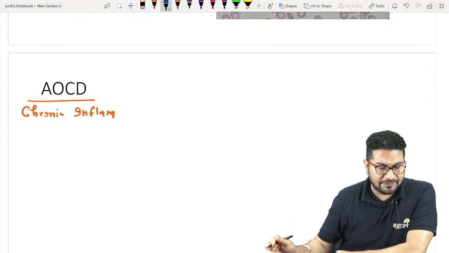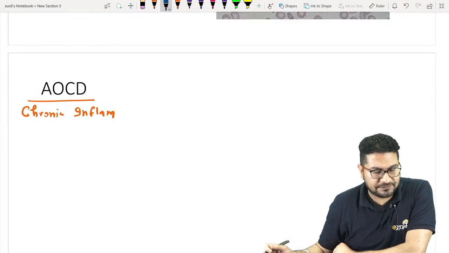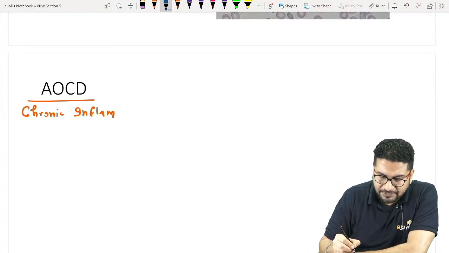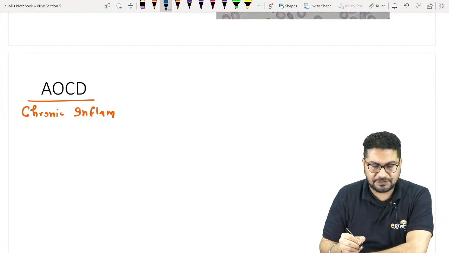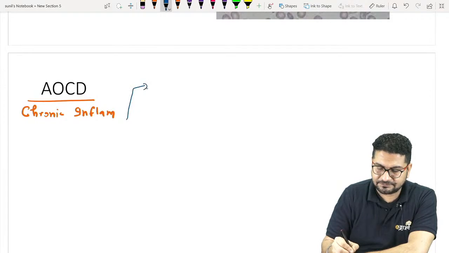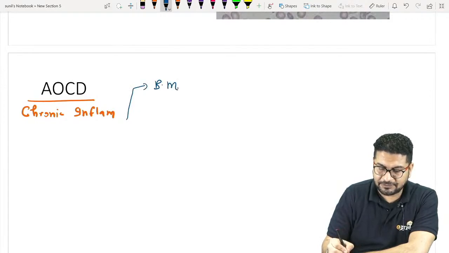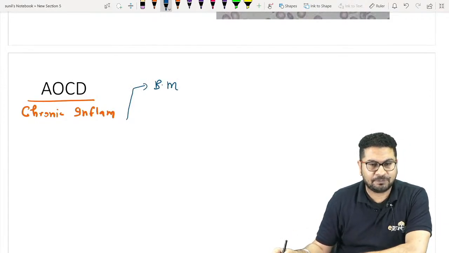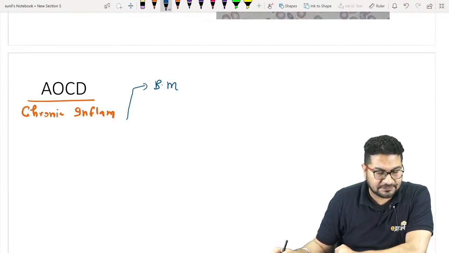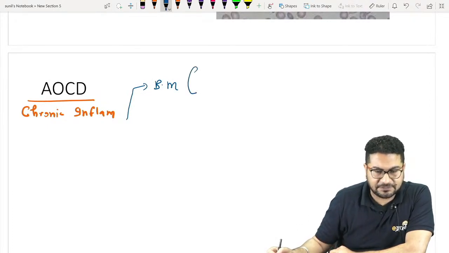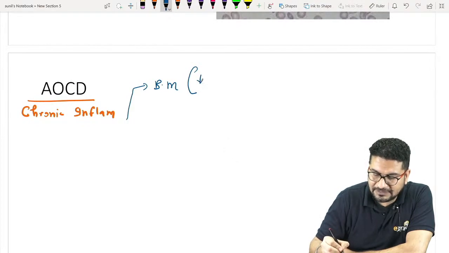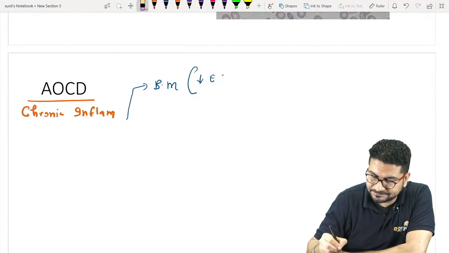Whenever you have chronic inflammation, you know the main cells are macrophages, right? Because of chronic inflammation, your bone marrow is affected. Hematopoiesis is decreased, means there is less erythropoiesis, and decreased action of erythropoietin.